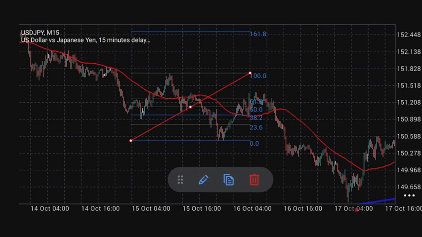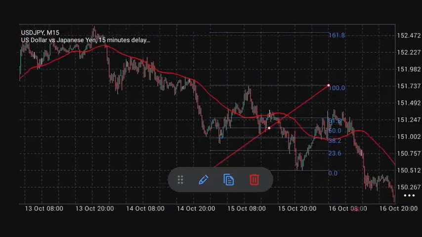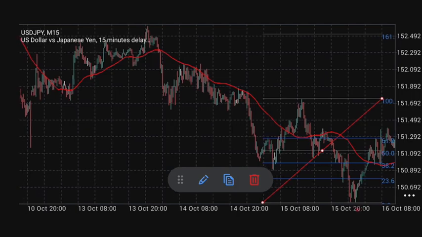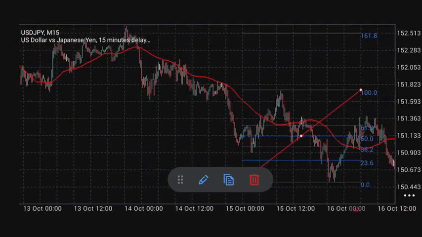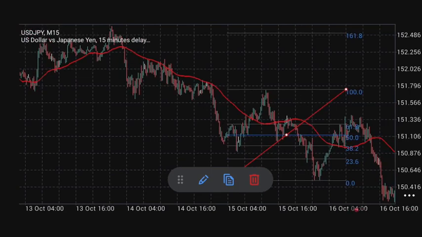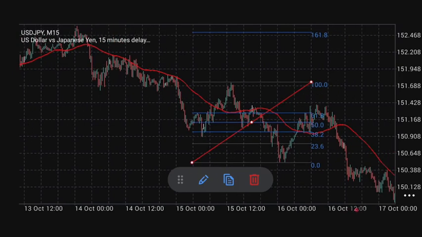When looking at it, let's assume that the price has not gotten to this level. After connecting my lower high and then my lower low, I waited for price to start pushing down to actually retrace.